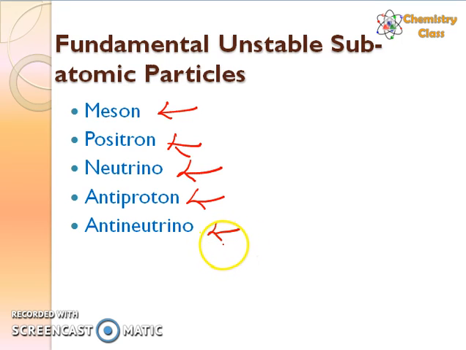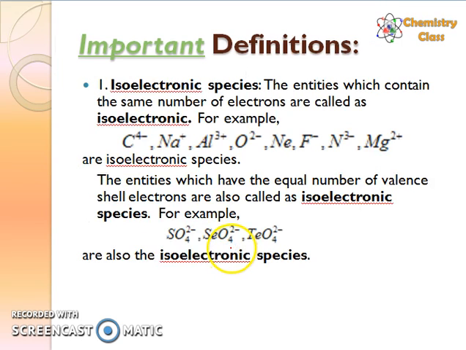Next, let us see certain important definitions that are related with the atom's structure. First, we have the isoelectronic species. These are the species or the entities which contain the same number of electrons. For example, you can see here carbon with 4 negative charge.